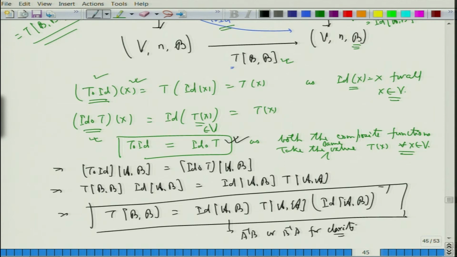All right. So what we are saying is that when I go from one basis, so understand this A is one basis, B is another basis. All right.